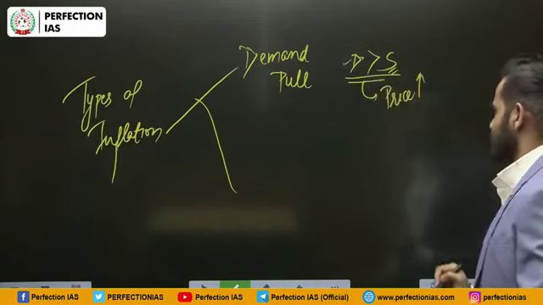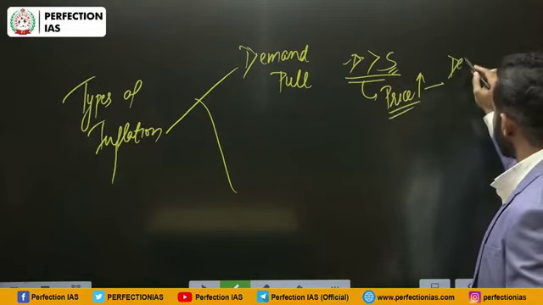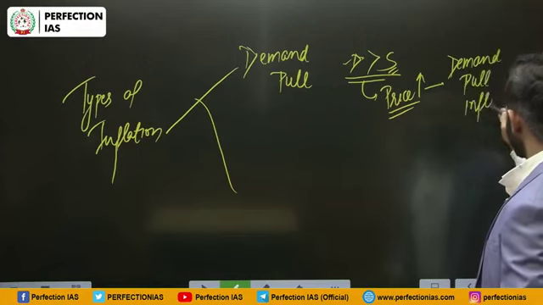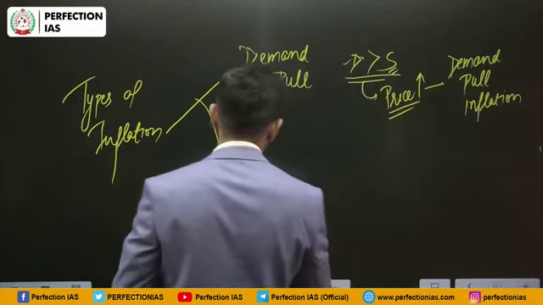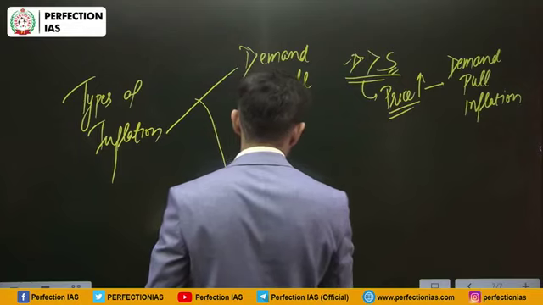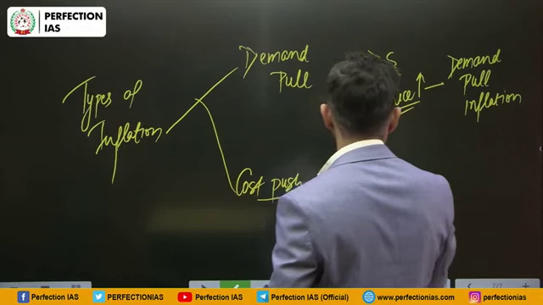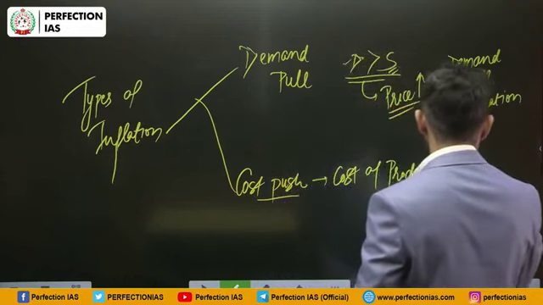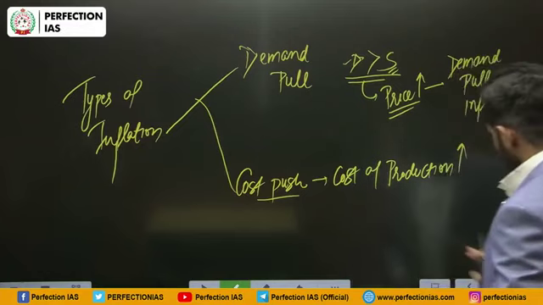D is greater than S. So price will go up and this will lead to demand pull inflation. On the other hand, cost push means the cost of production has increased.